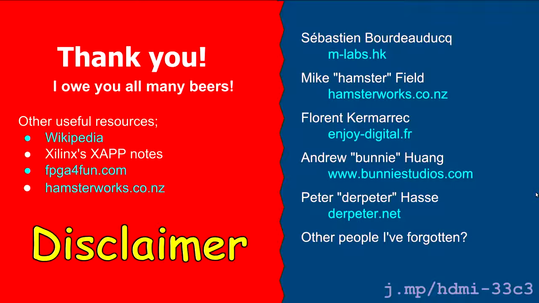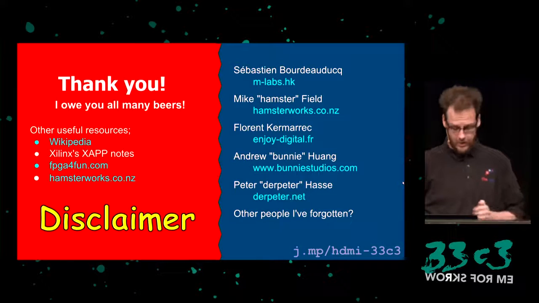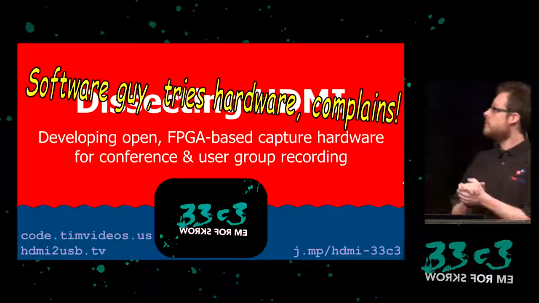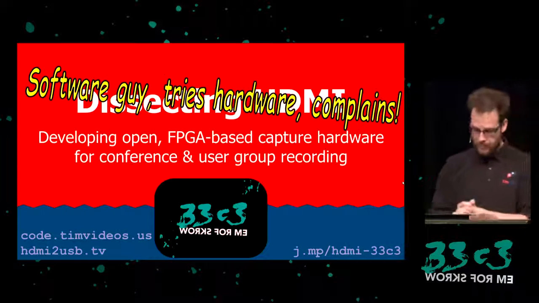In these slides, any of the blue things are links. So if you're playing along at home, you can get to them by that URL and click on these things. There's probably other people I've forgotten who are not on this list. I'm very sorry. The title of this talk could be called Software Guy Tries Hardware and Complains.